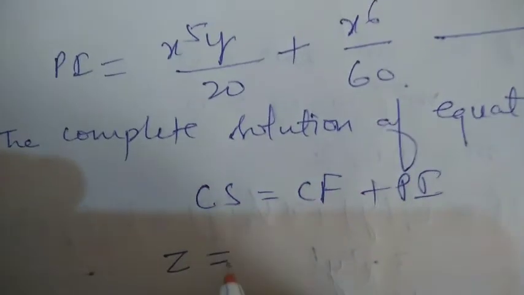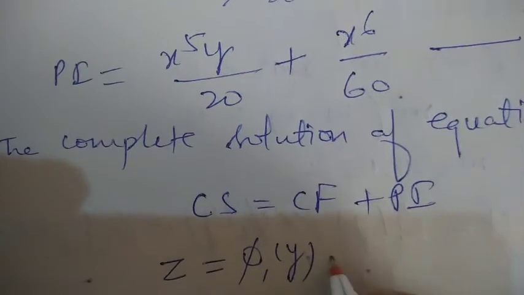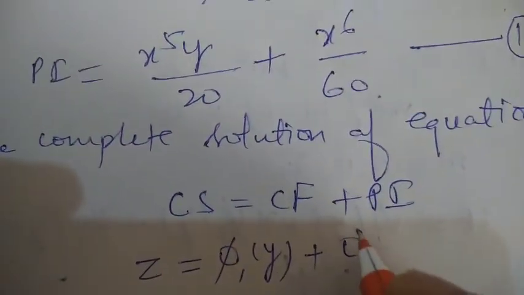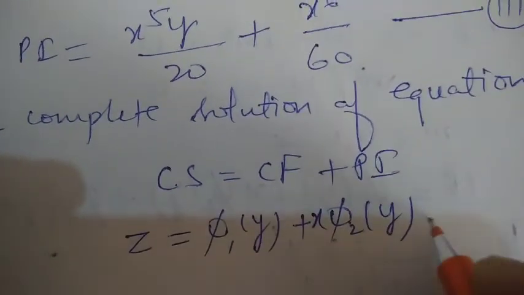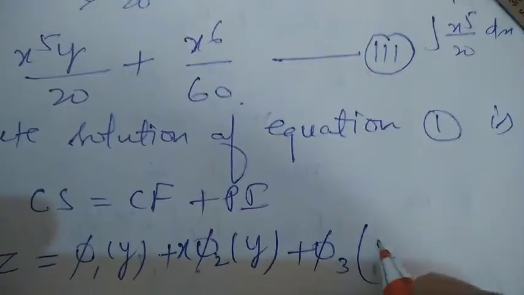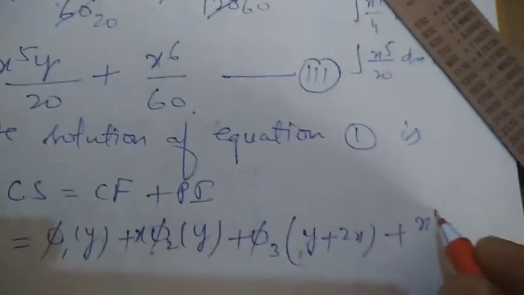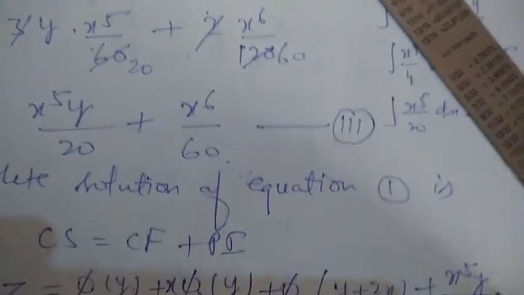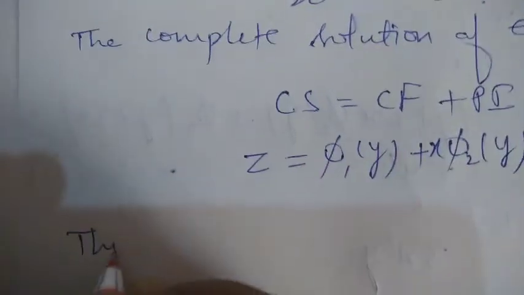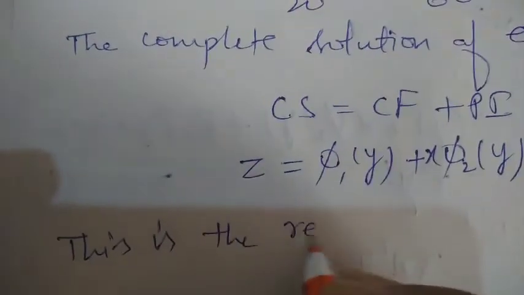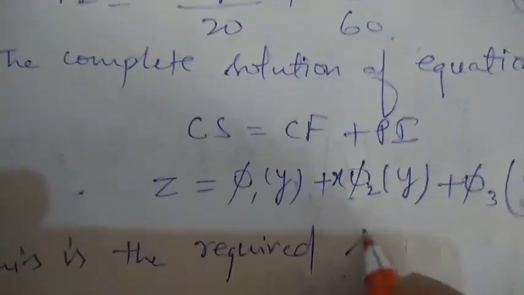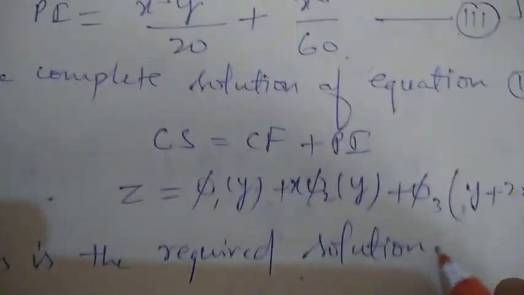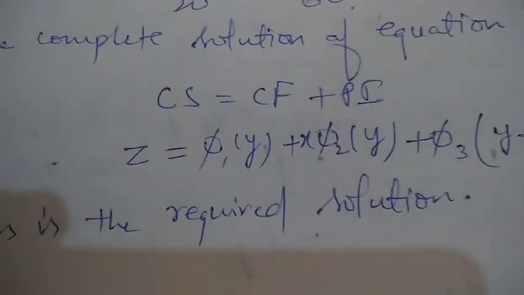It means z equals CF, CF is phi 1 y plus x phi 2 y plus phi 3 y plus 2x, plus the particular integral, which is here x to the power 5 y upon 20 plus x to the power 6 by 60. So this is the required solution.